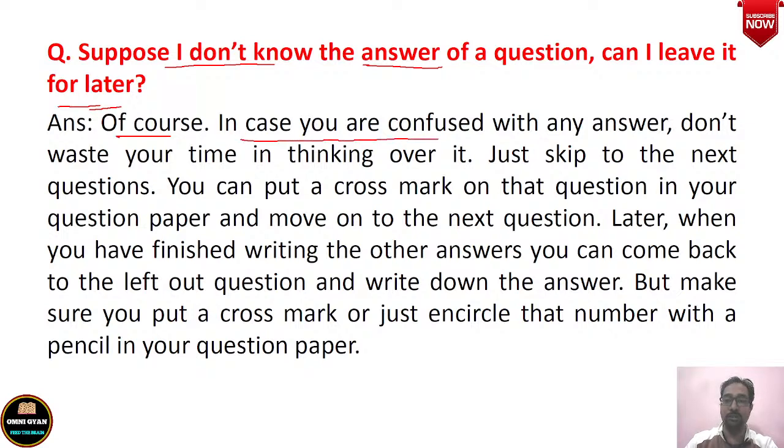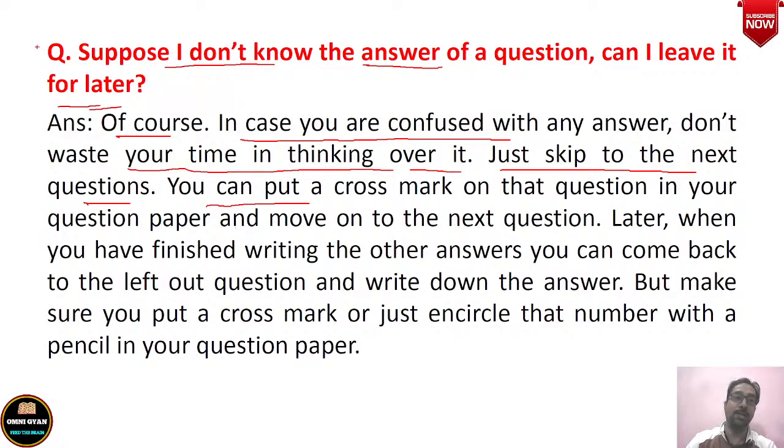In case you are confused with any answer, don't waste your time thinking over it. Thinking and thinking about the answer will be a wastage of your time. Skip to the next question. Just skip to the next question. You can put a cross mark on that question in your question paper.